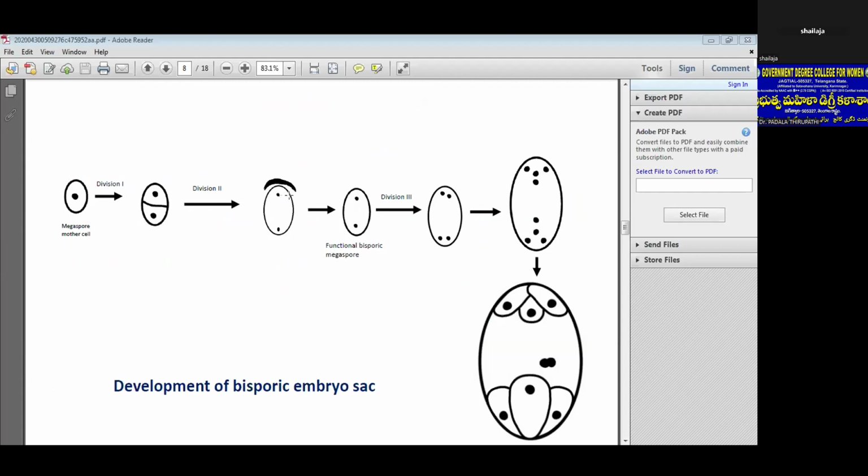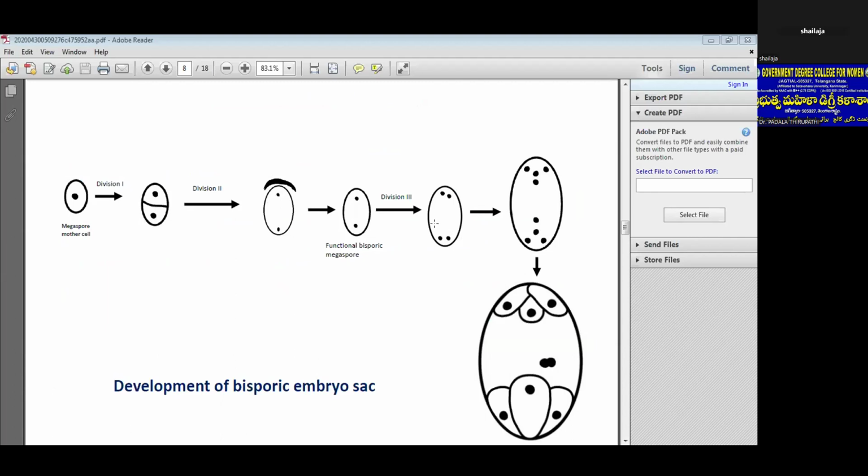After meiotic division 1, two dyads are formed. One is degenerated, one is functional, and it participates in the formation of the embryo sac.